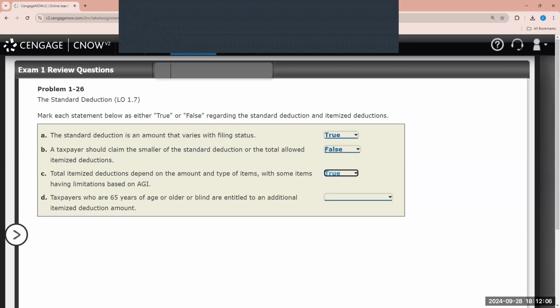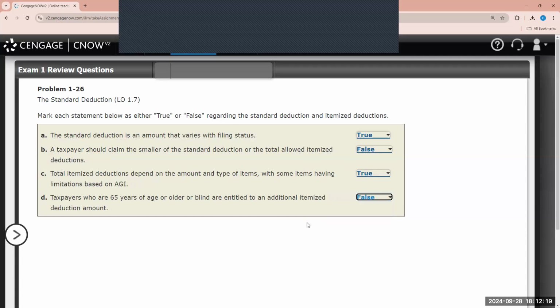D, taxpayers who are 65 years of age or older or blind are entitled to an additional itemized deduction amount. This is false. Taxpayers who are 65 years of age or older or blind are entitled to an additional standard deduction amount. So here it says an additional itemized deduction amount. So that's what makes this false.